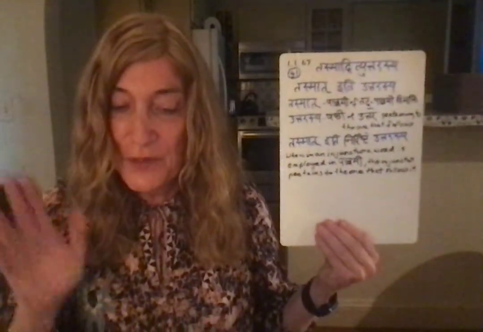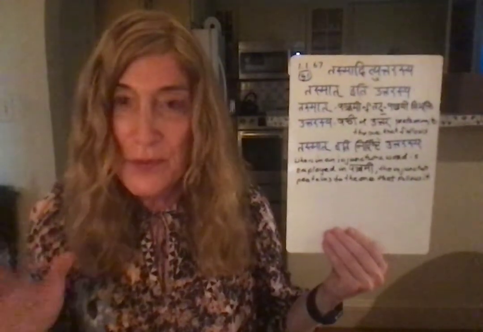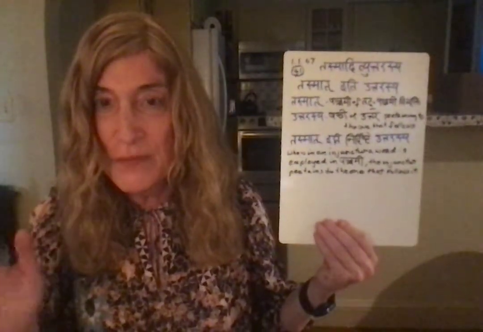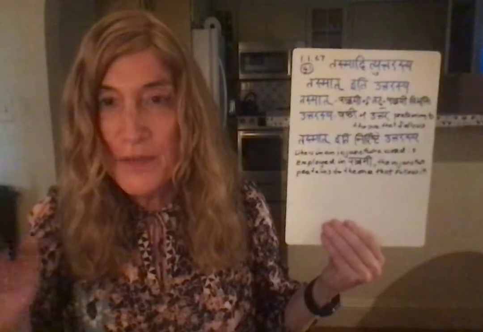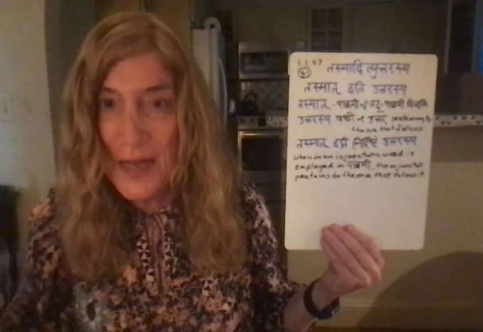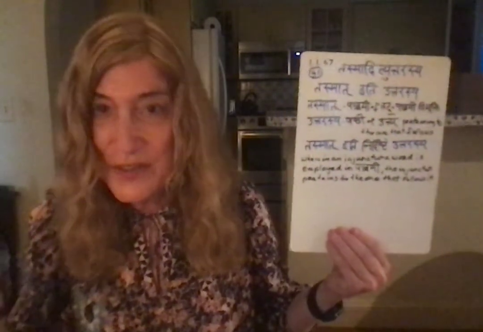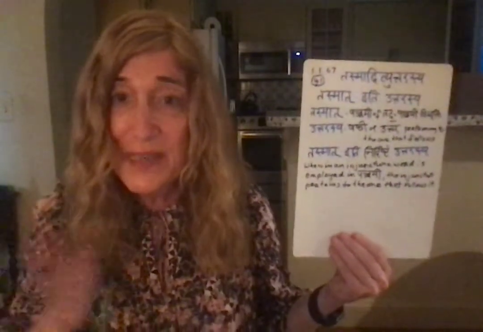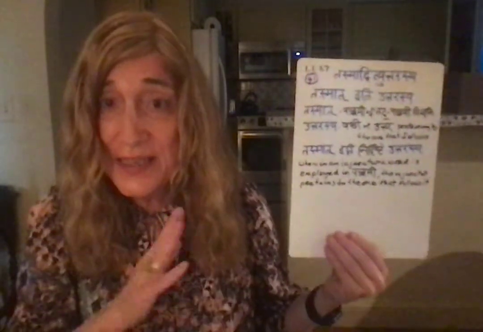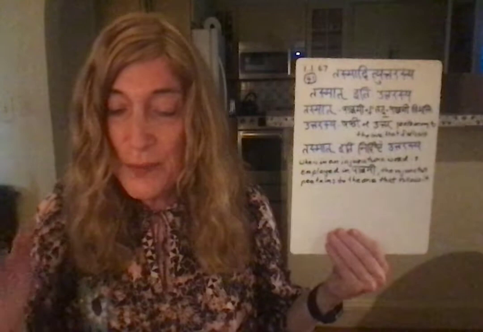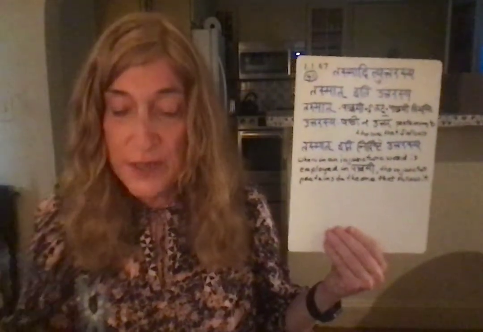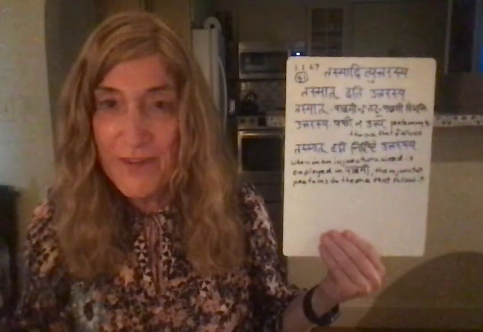So the full sutra we would say, and again, uttarasya is shashti of uttara, with the sense of pertaining to the one that follows, just as purvasya was pertaining to the one that precedes, in that case the ik. So here we have uttarasya pertaining to the one that follows.